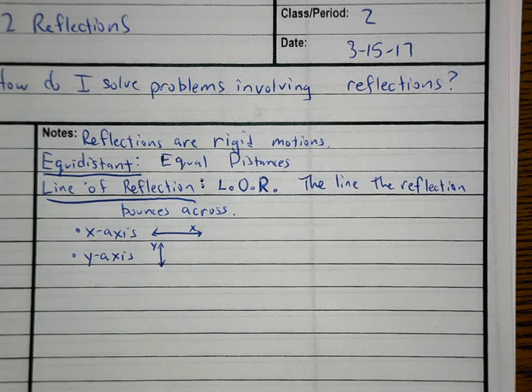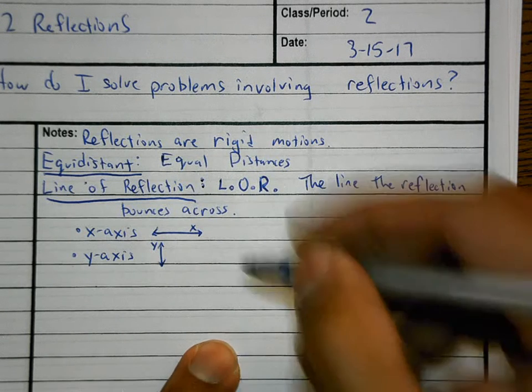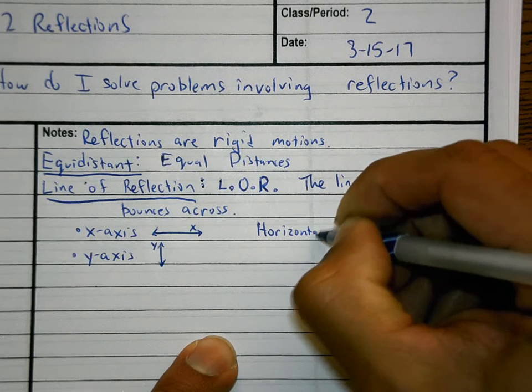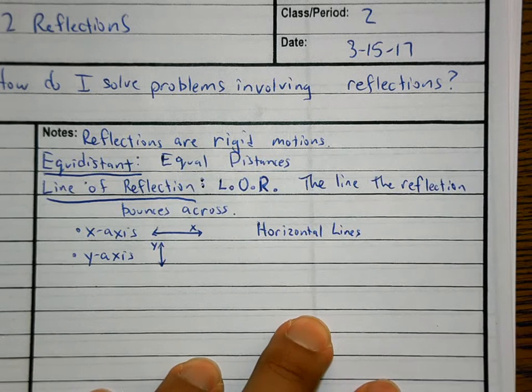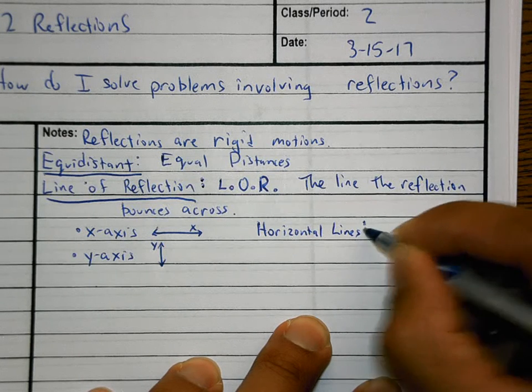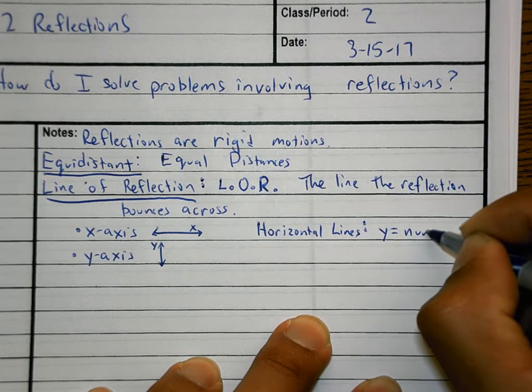Sometimes we won't use the x-axis or the y-axis as our line of reflection. Sometimes we use other horizontal lines. Horizontal lines are always, always, always y equals a number.